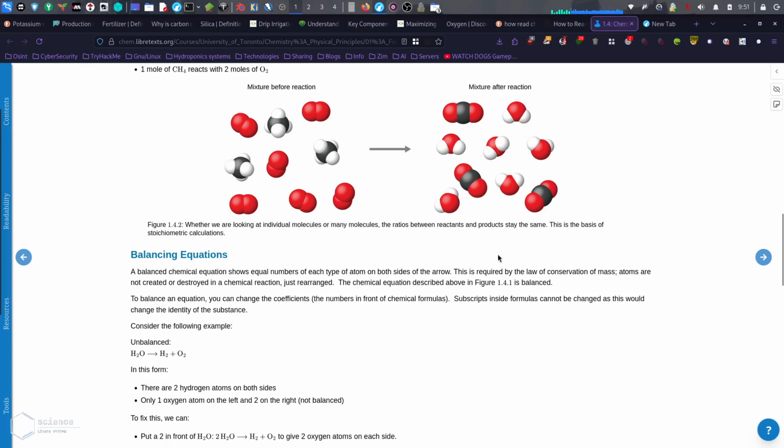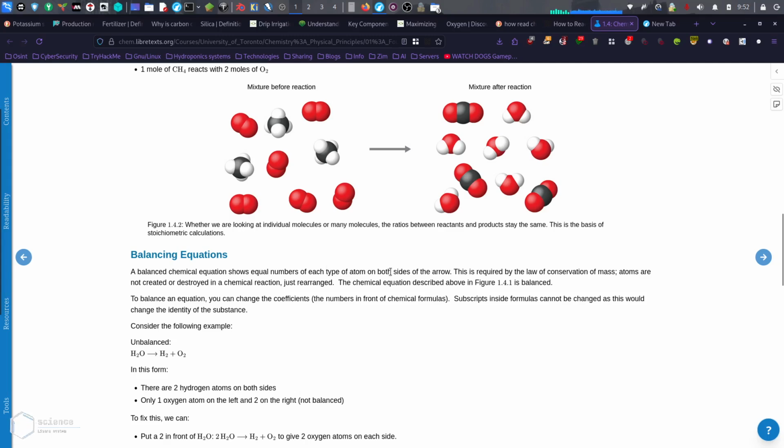This is required by the law of conservation of mass. I don't know what it means. Atoms are not created or destroyed in chemical reactions, just rearranged. Just atoms disconnect to connect to other atoms.